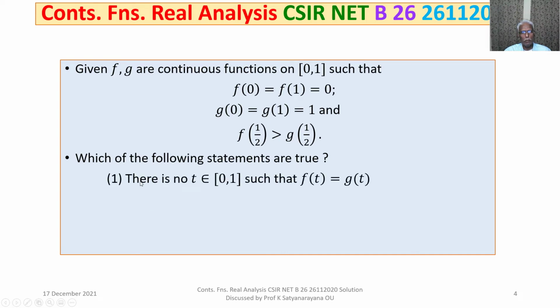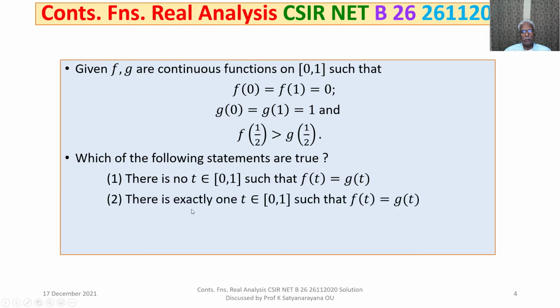Option 1. There is no t belonging to the closed interval [0, 1] such that f(t) = g(t). Option 2. There is exactly one t belonging to the closed interval [0, 1] such that f(t) = g(t). Option 3.